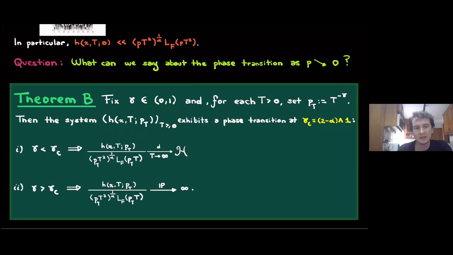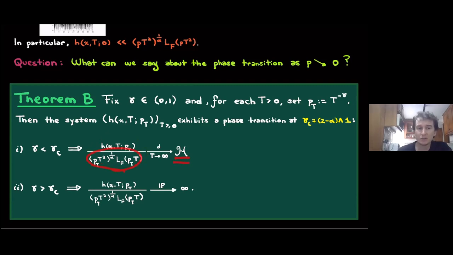And what this means is that for gamma less than this critical value, which means that p is going to 0 like this, so it's going to 0 but not too fast because gamma is not too large, then I'm going to have the same type of behavior that I had in theorem A. The height of the column is going to grow at this speed, and I'm going to have the same kind of limit as before.